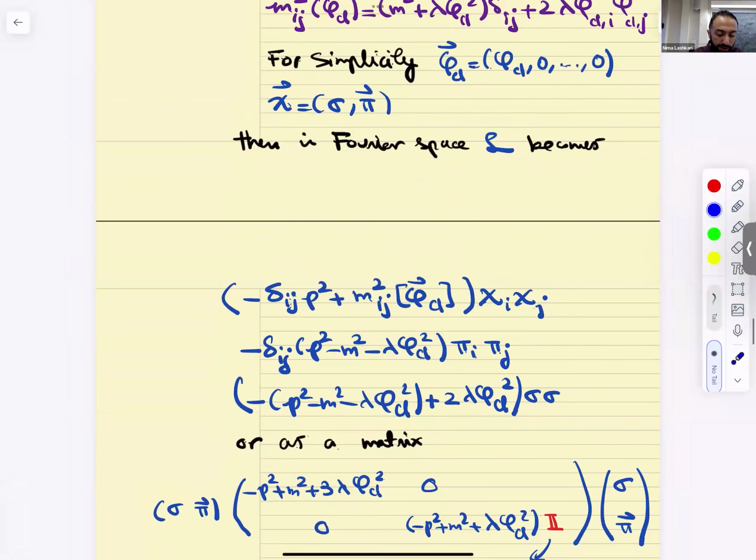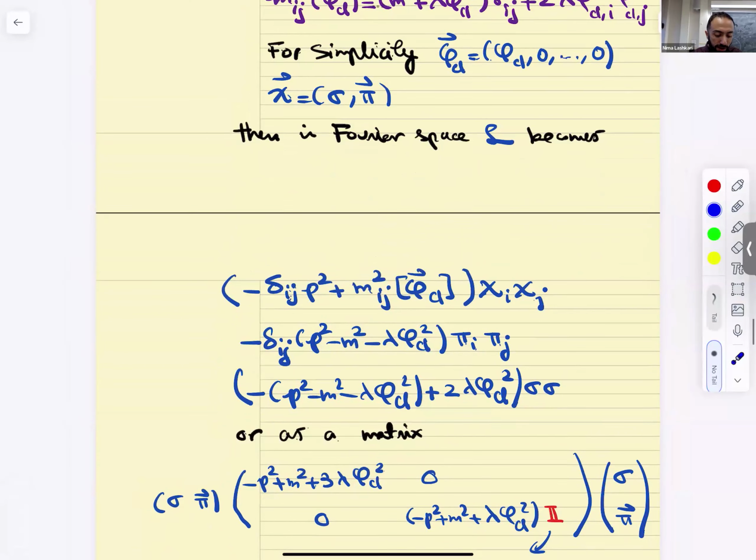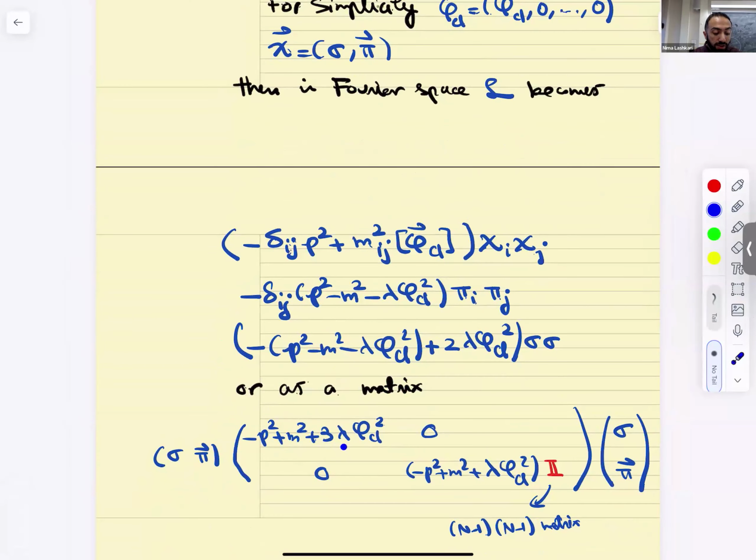So the pi terms will have the mass p squared minus m squared minus lambda phi classical squared. The sigma terms will have minus p squared plus m squared plus 3 lambda phi classical squared. 2 here, 1 here, they add up.